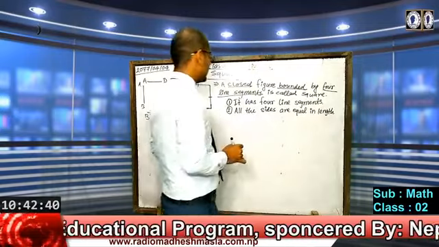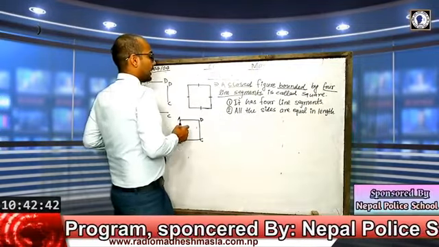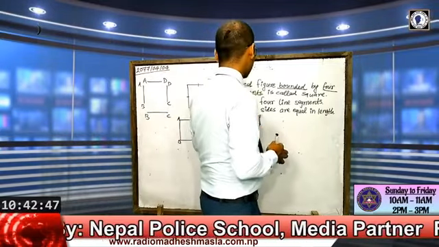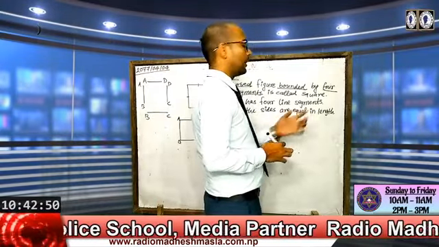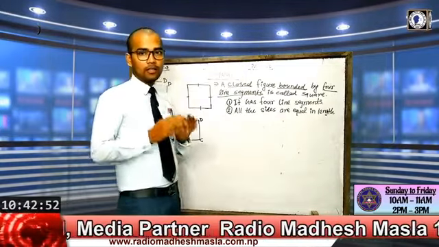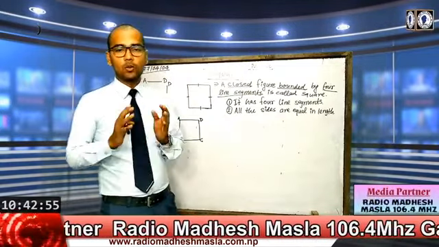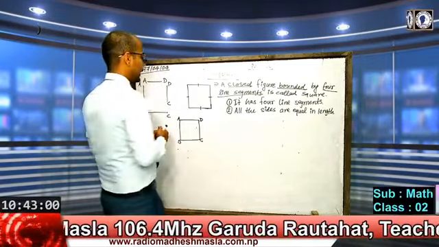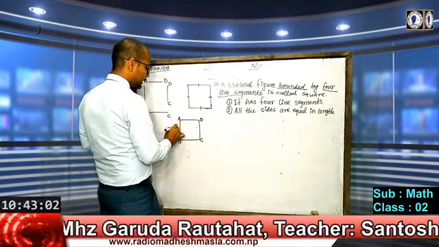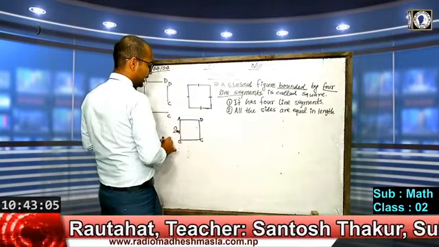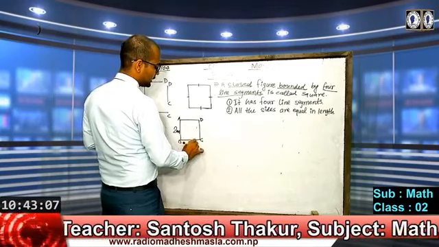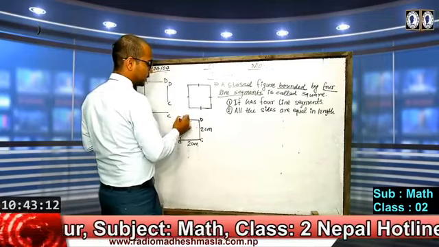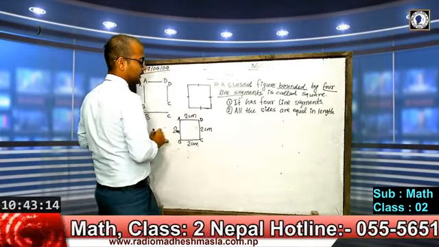The lengths of the sides of a square are equal. Suppose AB is 2 centimeters, it means BC is also 2 centimeters, CD is also 2 centimeters, and AD is also 2 centimeters.